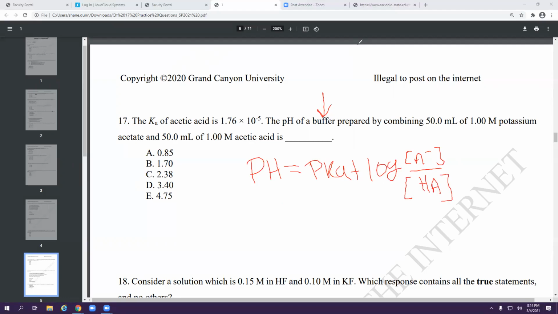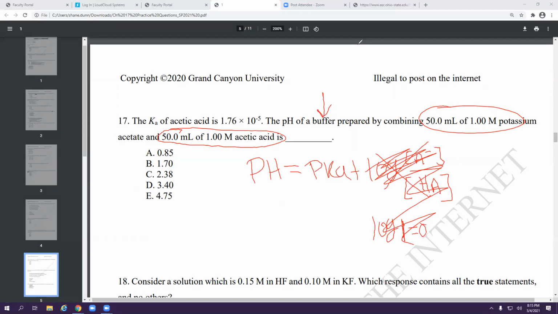Now, if you notice something, my acid has what volume, what concentration? So if I divide them, even if I change them, if I divide them by each other, what am I going to get? What's the log of 1? So what does pH equal here? pH is going to equal pKa.